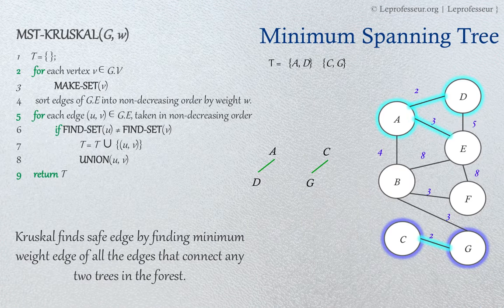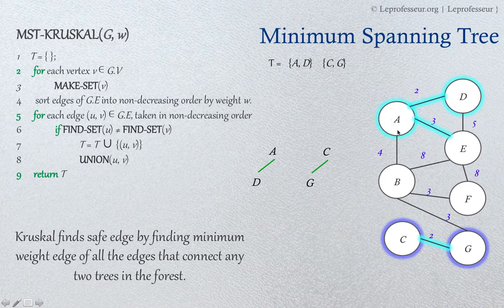Then, next stage, we found the edge between A and E has the next minimum weight, that is 3, and we execute line number 6.